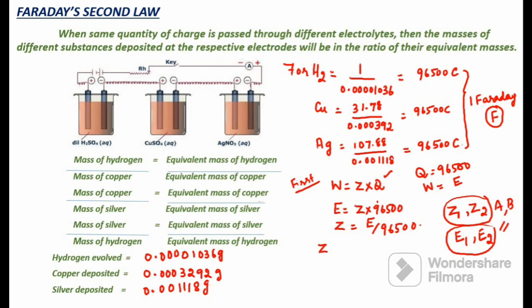Then Z1 will be equal to E1 by 96,500 and Z2 will be equal to E2 by 96,500. If so, then Z1 by Z2 will be equal to E1 by E2. Okay, so hence proved, right? Hence Faraday's second law has been proved. Z1 by Z2 is equal to E1 by E2.